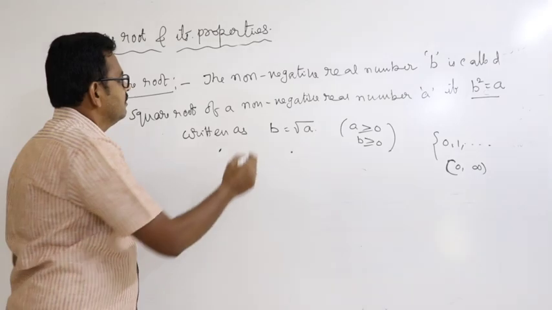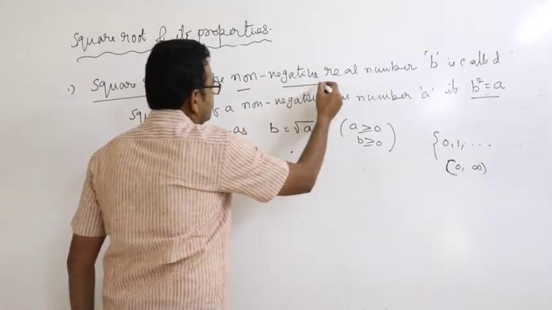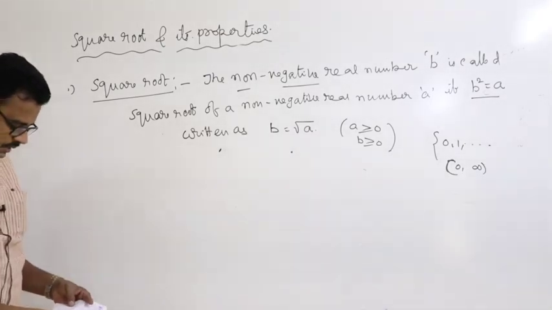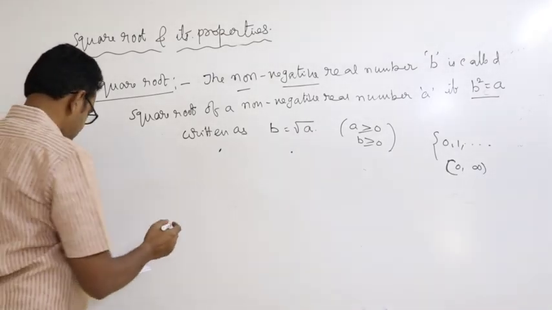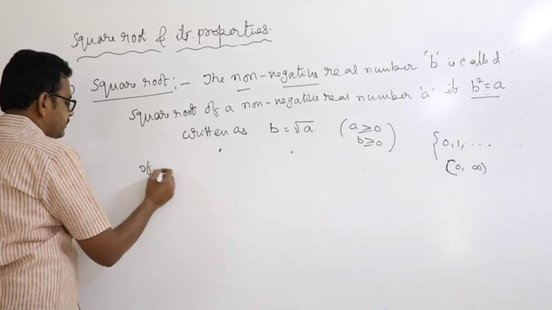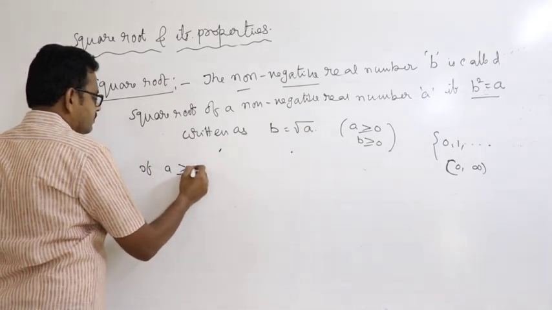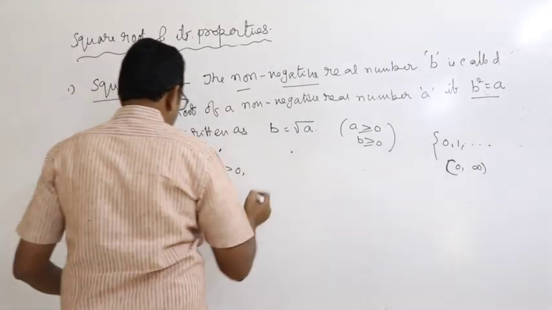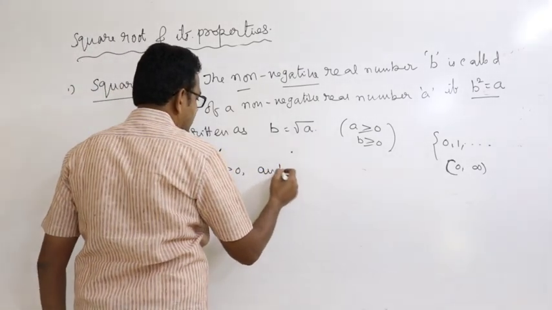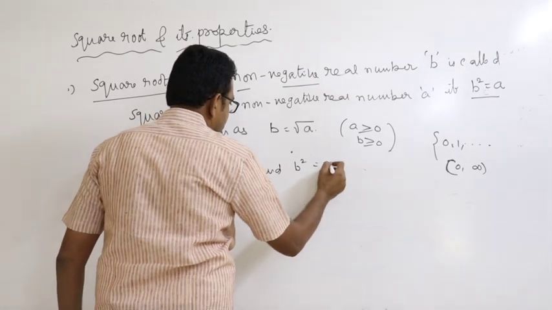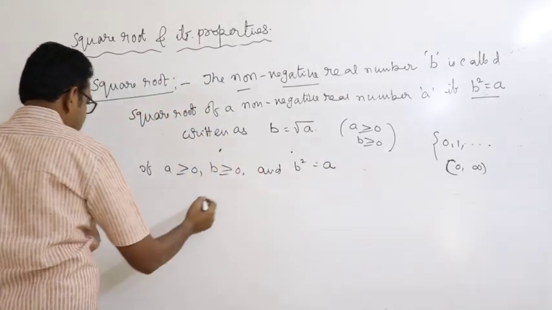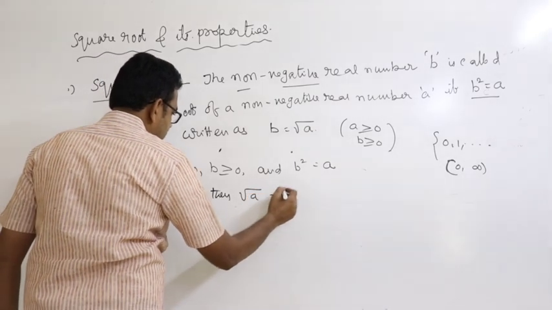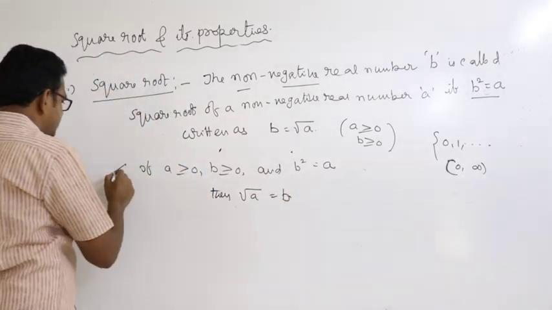That means a non-negative real number a and a non-negative real number b. That is, if a is greater than or equal to 0 and b is greater than or equal to 0 and b square is equal to a, then root a is equal to b.